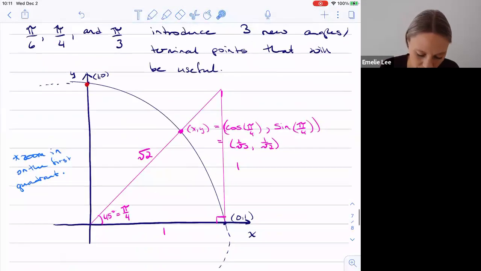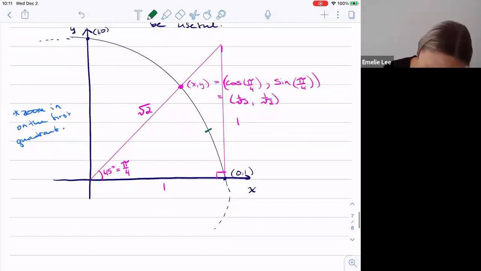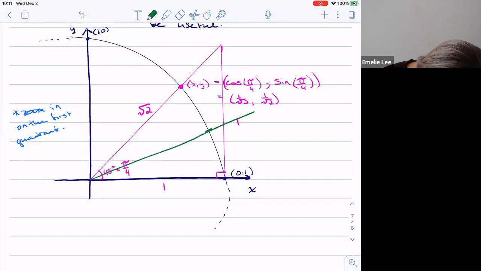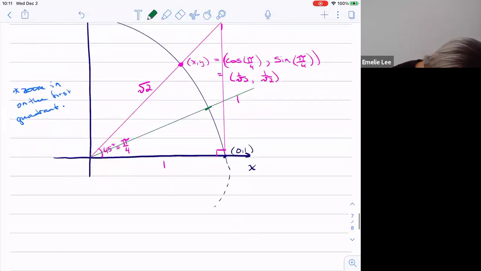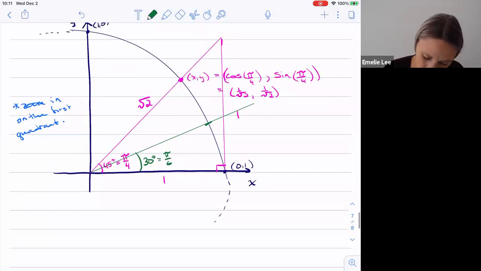So now, if this is pi over 2, then I can make third of the way marks. And this is going to be a different angle. This is going to be 30 degrees, which is pi over 6.